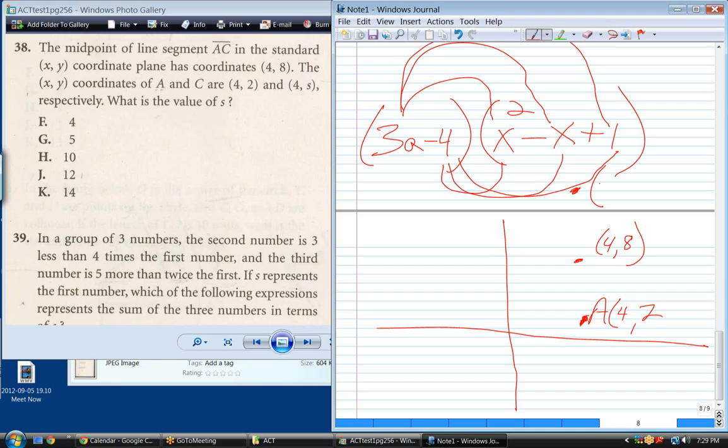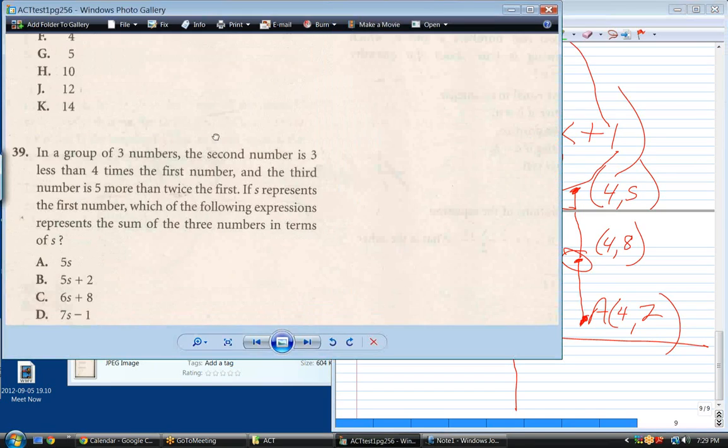And the coordinates of C are 4, S. So we have a straight line here where that's the midpoint. So this means the S would have to be 14 because A is 6 points below the midpoint. Exactly. So it means it would have to be 6 points above, which means it would be 4, 14, which would be K. Exactly.